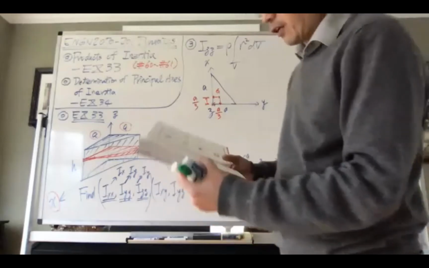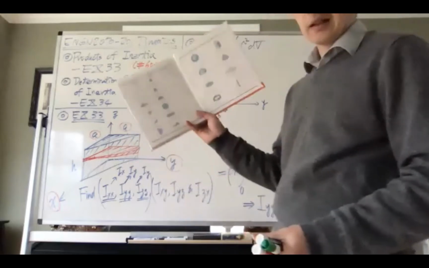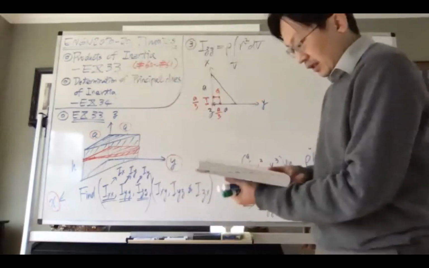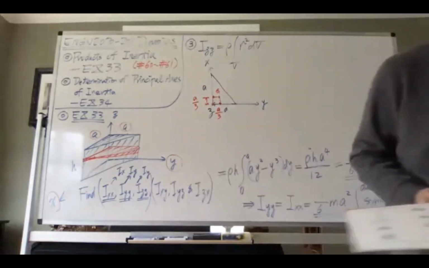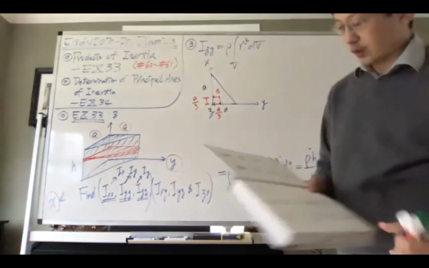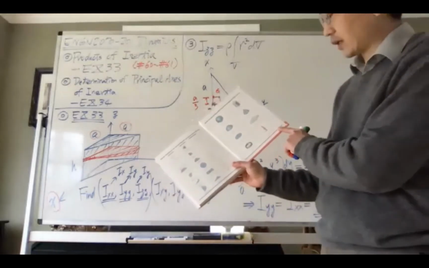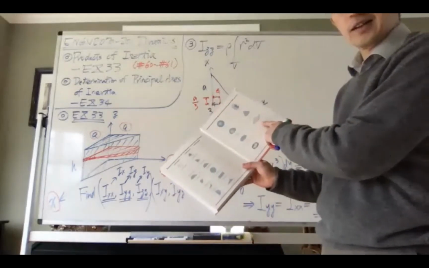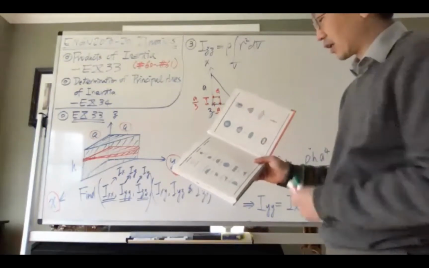Now, if you look at the table in the back of the textbook, we are looking for the mass moment of inertia of a triangular plate. Of course, in the back, you do not find this triangular plate, because it's the rotation with respect to the perpendicular direction.